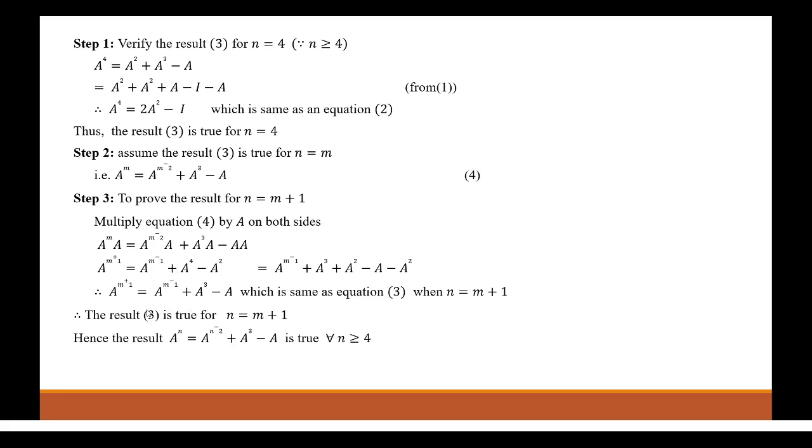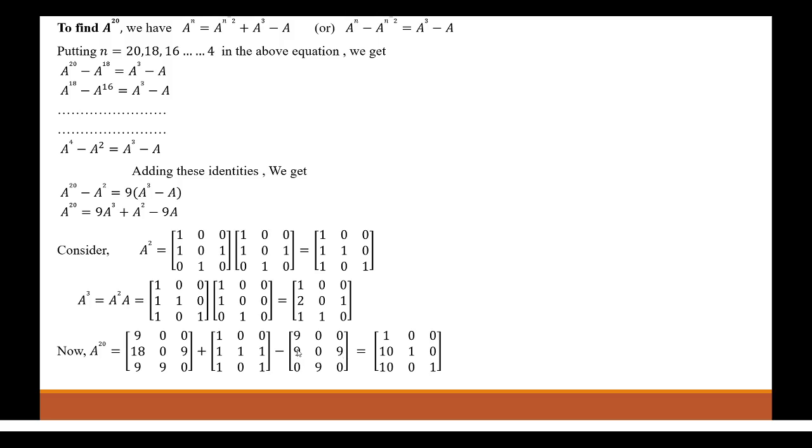Again this will be equal to A power of m plus 1 is equal to A power of m minus 1 plus A cube minus A, which is same as equation 3 when n is equal to m plus 1. Yes, the result is true for n is equal to m plus 1. Yes, the result A power of n is equal to A power of n minus 2 plus A cube minus A is true for all n greater or equal to 4.